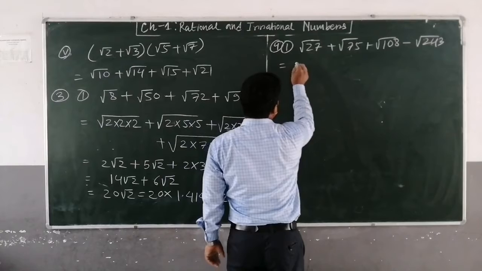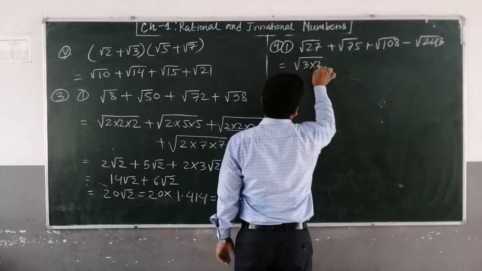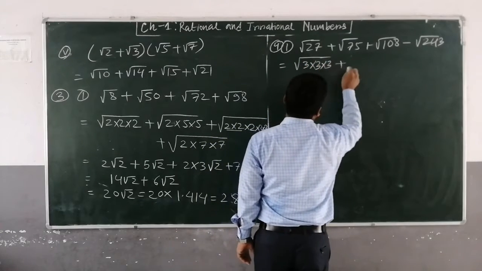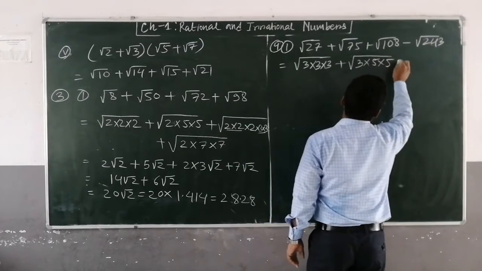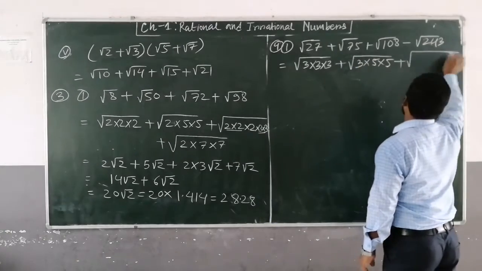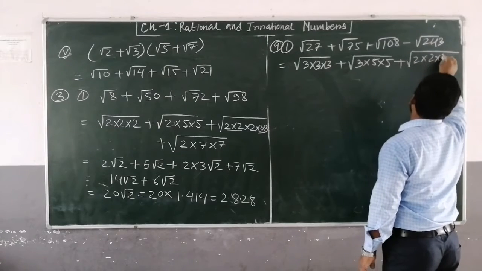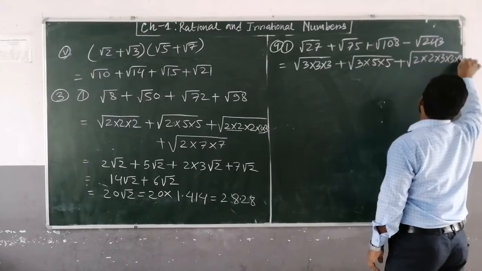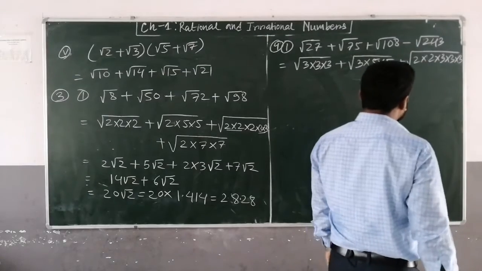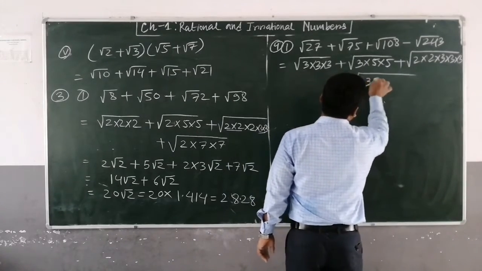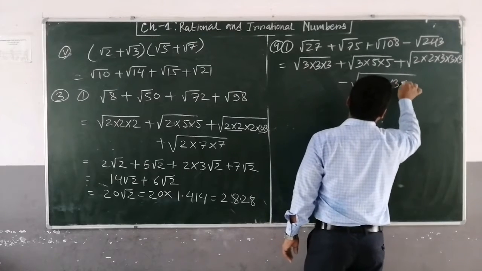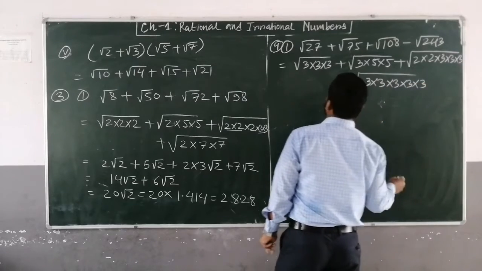Okay. So this can be written as 3 into 3 into 3 plus 3 into 5 into 5 plus 108 means 2 into 2 into 3 into 3 into 3. Okay, and minus 243, so 3 into 3 into 3 into 3 into 3.